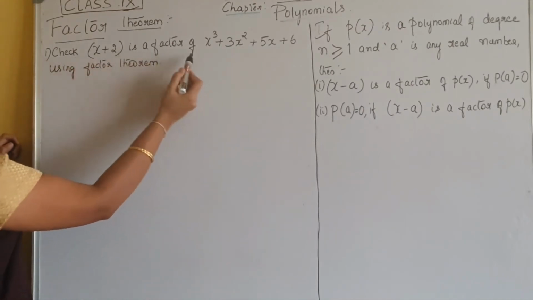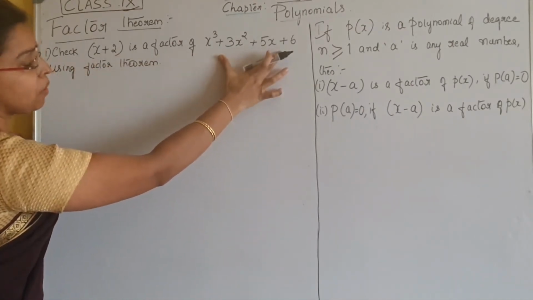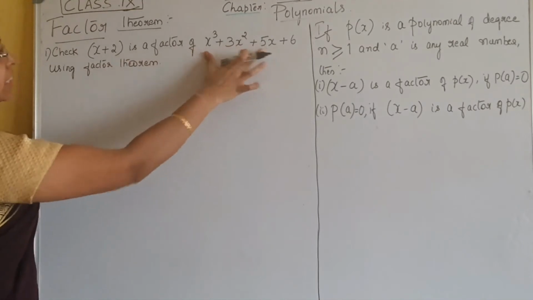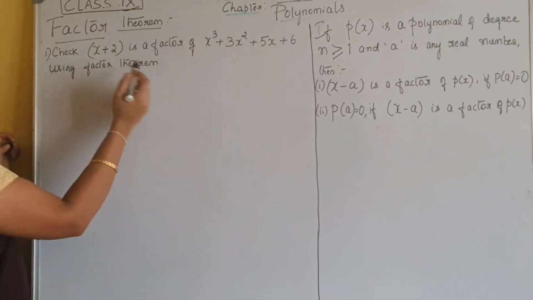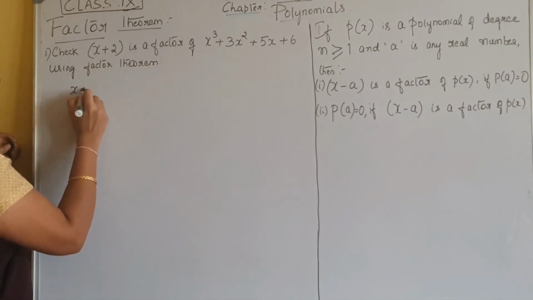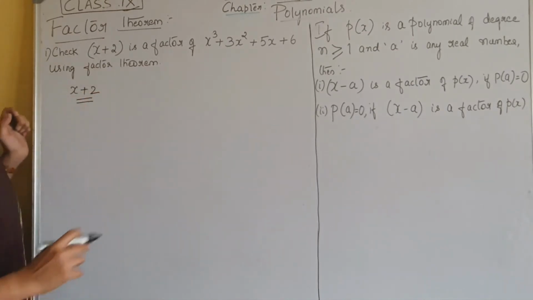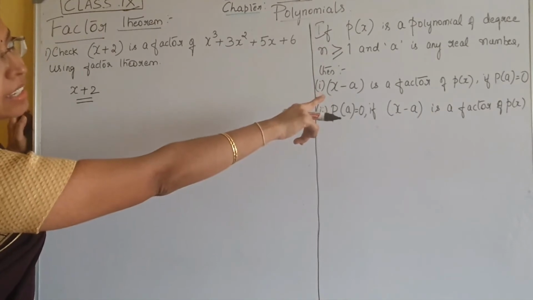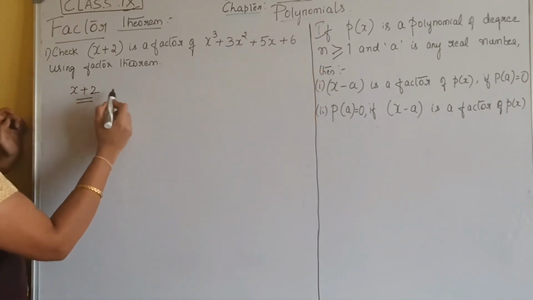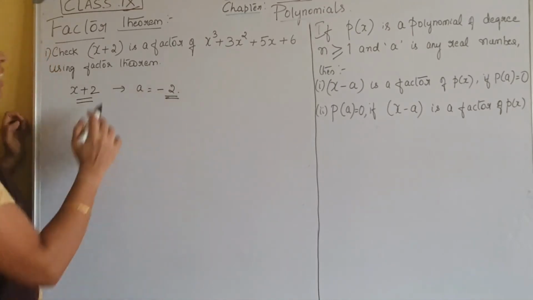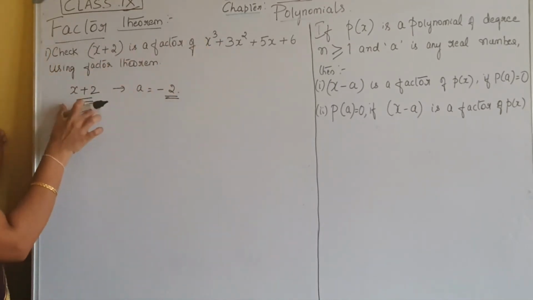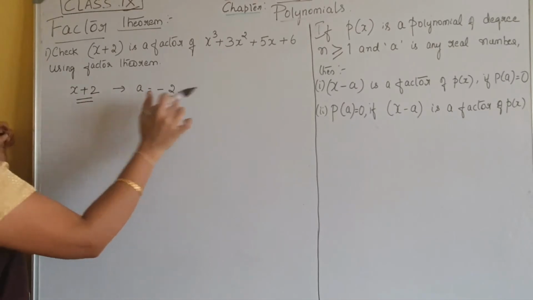Check whether x plus 2 is a factor of this polynomial, which is the dividend here, using the factor theorem. As per the factor theorem, x plus 2 is x minus a, and a is here minus 2. This polynomial is divided by x plus 2, and what does it say?